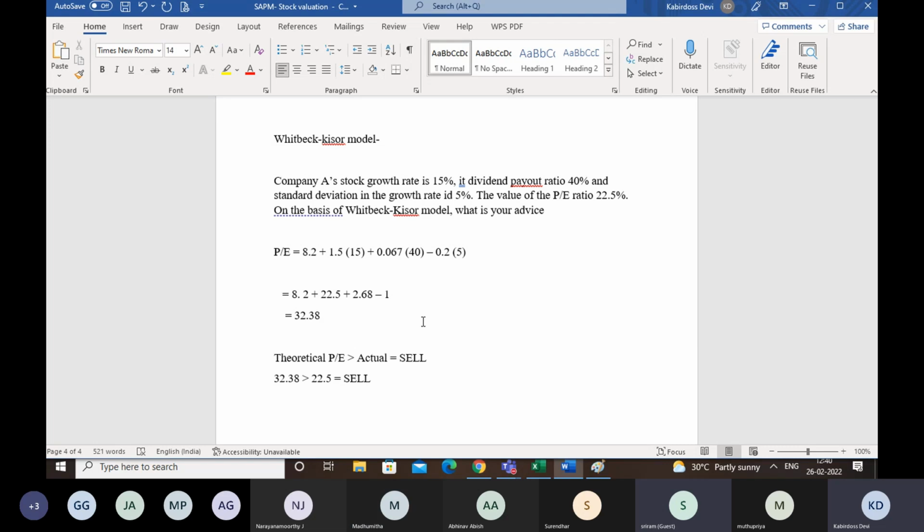Today I taught you the dividend models and single period valuation. Multi-period I told you is not required. Then constant value dividend models, then Graham Dodd and Whitbeck-Kisor. The last one is preferred stock valuation.